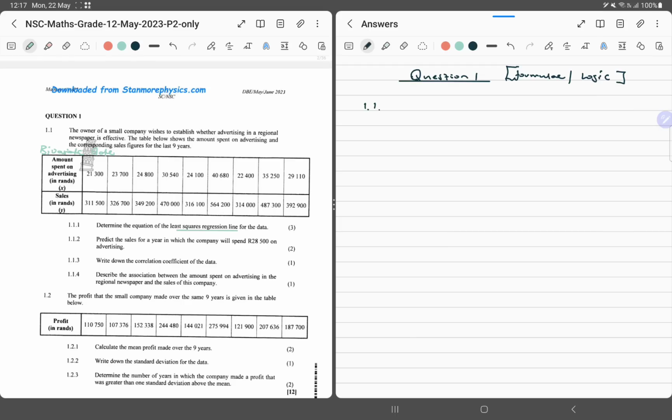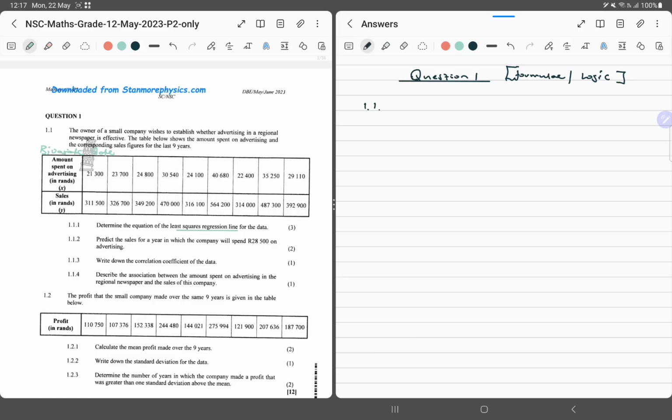So 21,300 goes with 311,500. And then the second one goes with 326,700. So this one is 349,200. And we're talking about big bucks here.